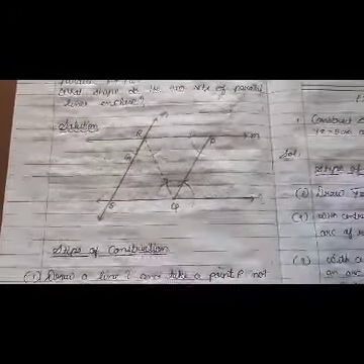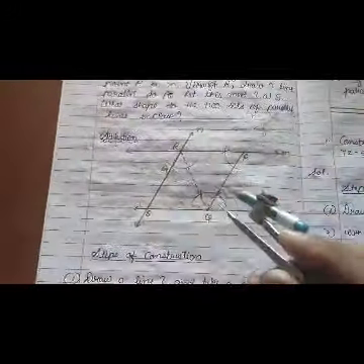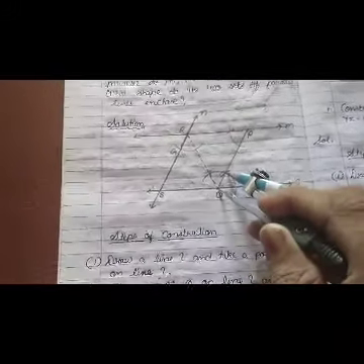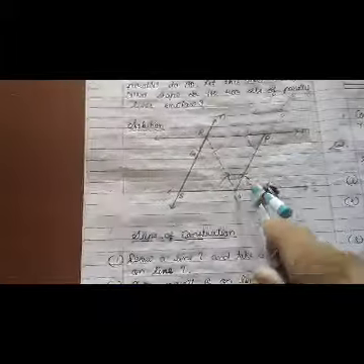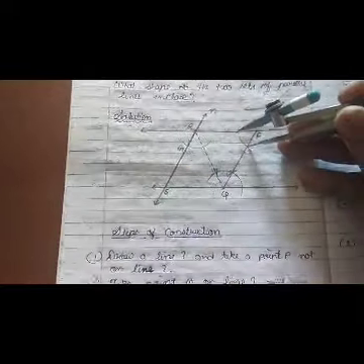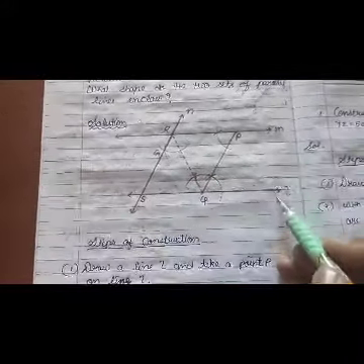As I told you, follow the same method. With any measure draw an arc. With the same measure draw an arc over here, take this distance and put it over here, and wherever the points intersect, through that draw line M parallel to L.